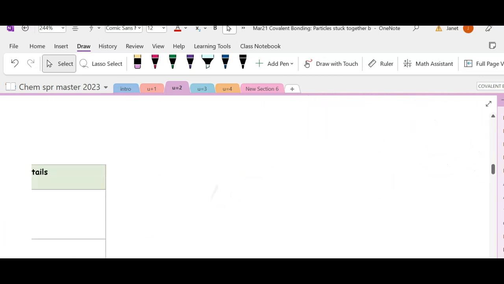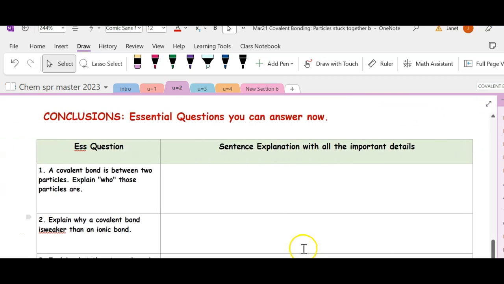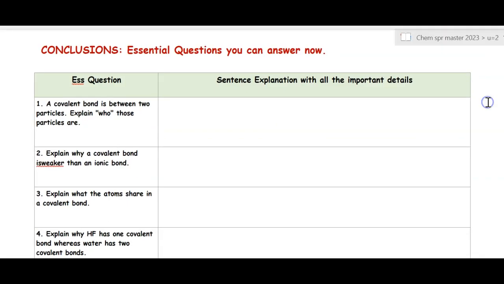Now, after we've done those, we have the conclusions. Now, the essential questions, I didn't pose them at the beginning, but you can answer them now because the lesson was all about these. 1, explain that a covalent bond is between 2 particles, and explain who those particles are. Are they ions? Are they atoms?